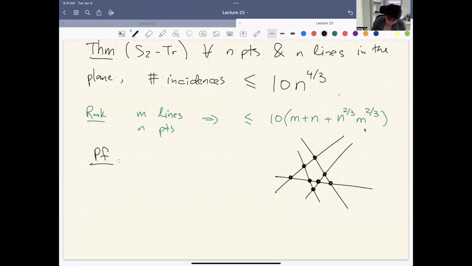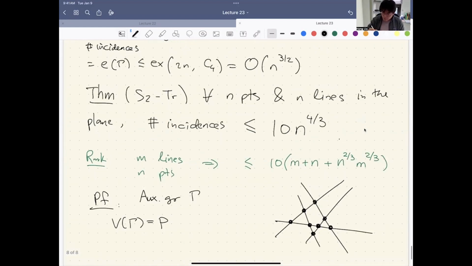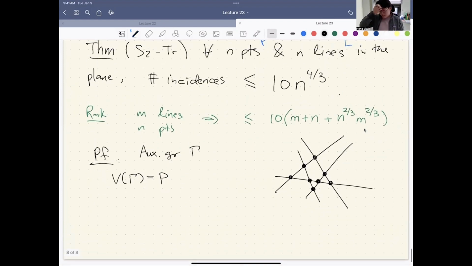Okay, so the auxiliary graph gamma, where V of gamma is the set of points P. So let's give names. The set of points is P, the set of lines is L. All the points are the vertices.